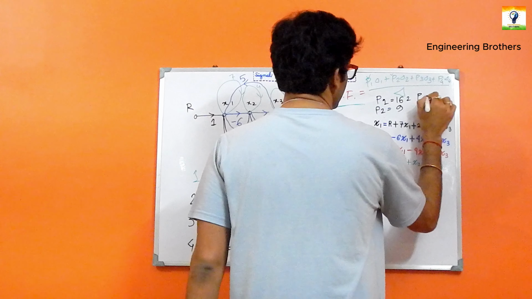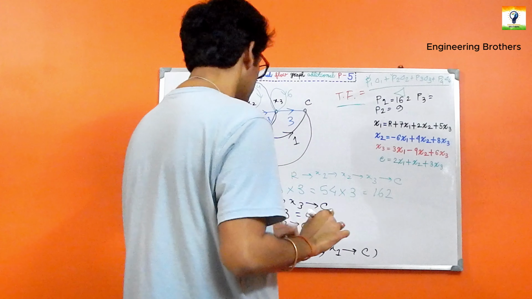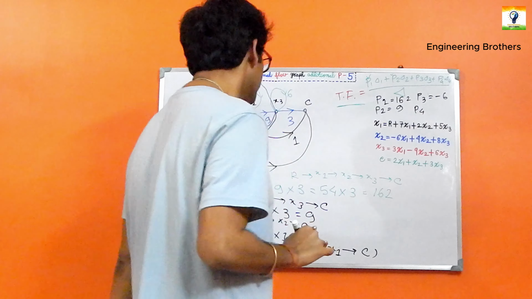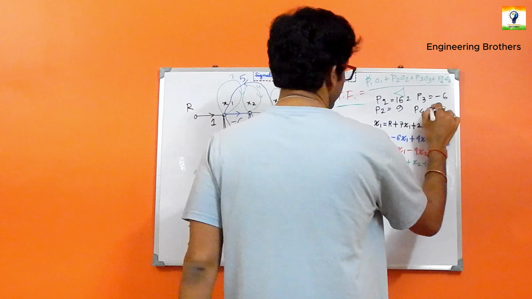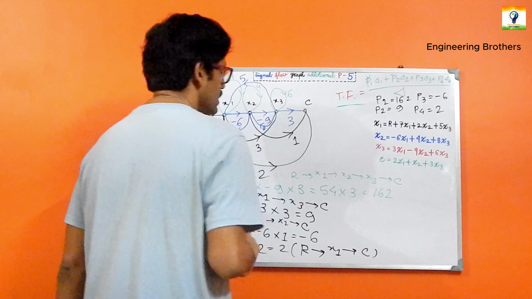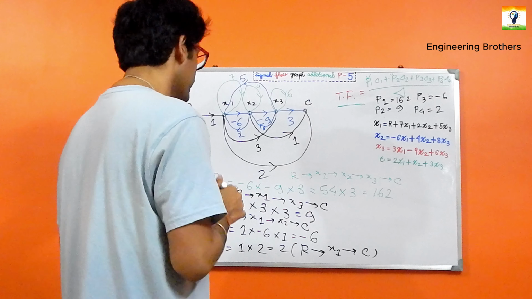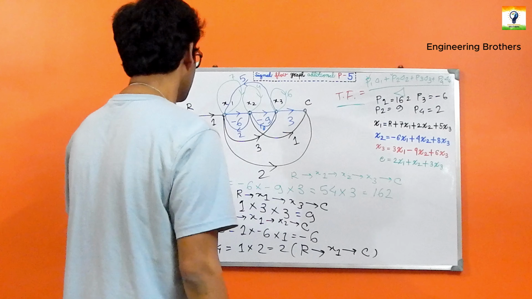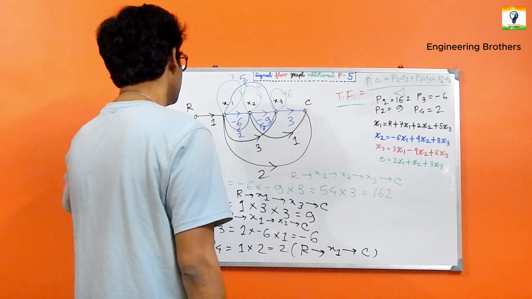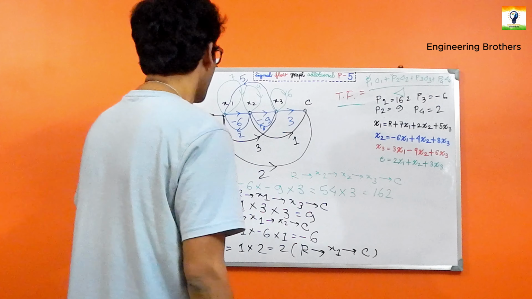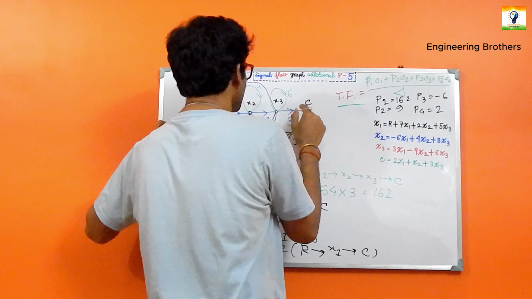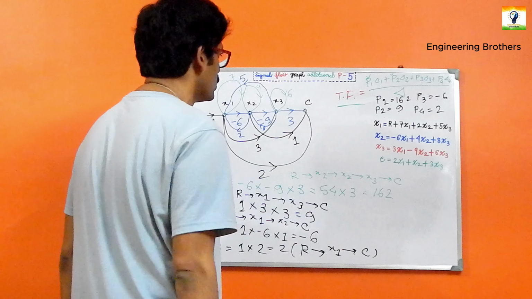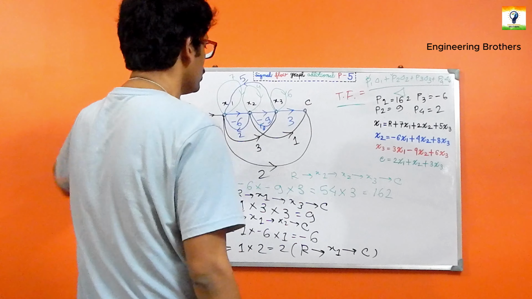For the third forward path, we have got -6. And for the next forward path, P4, that one will be 2. So these are the forward paths that we have enlisted, and we have indicated the direction that starts from our input node R and, without changing any direction of the arrow, directly ends at our C node, which is our output node.